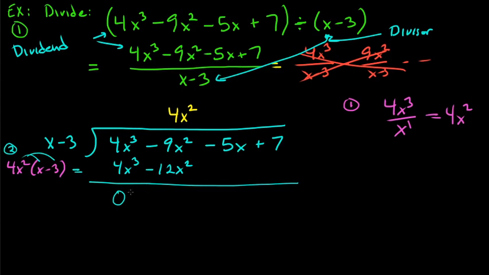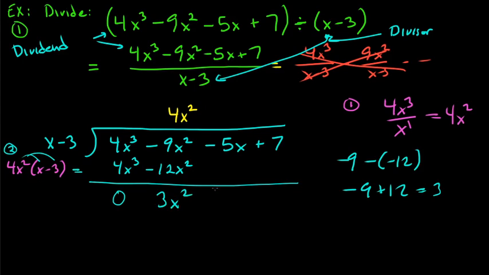That's going to be a little confusing. Some of you might be thinking negative 21x squared. And if you're thinking that, well, you got it wrong. Remember, we did this earlier. This is negative 9 minus negative 12. It's negative 9 plus 12. So this is actually going to be 3x squared.